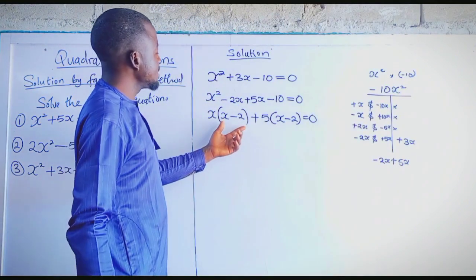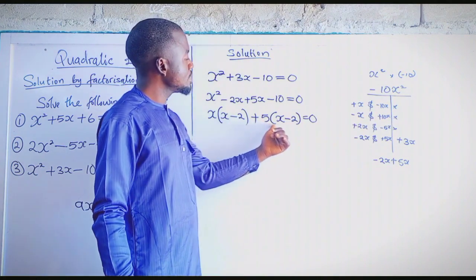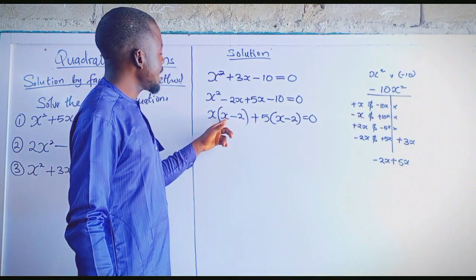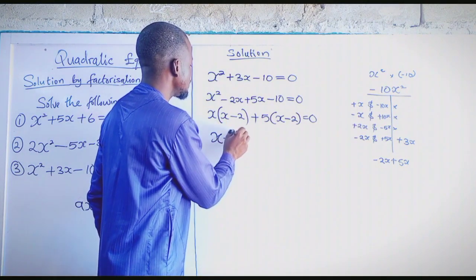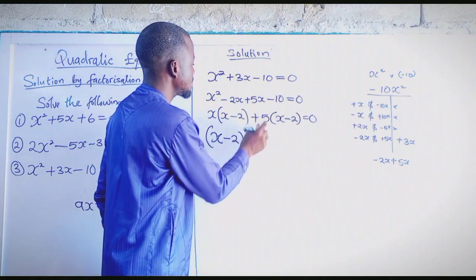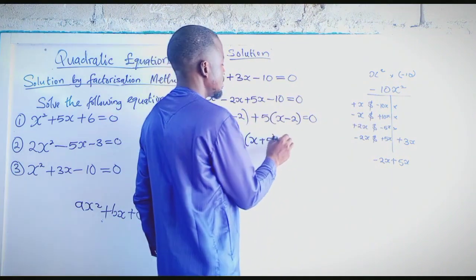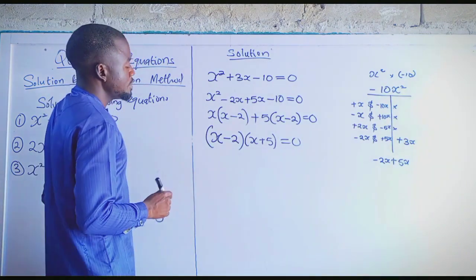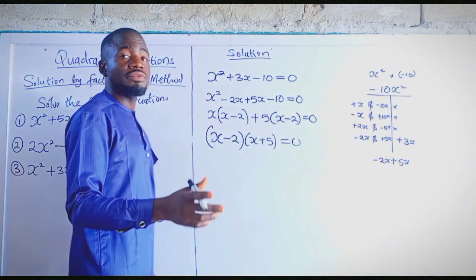Now if you look at it, x minus 2 is common for the two expressions. So we factor out x minus 2. What is left here is x, and what is left here is plus 5, all equals to 0.